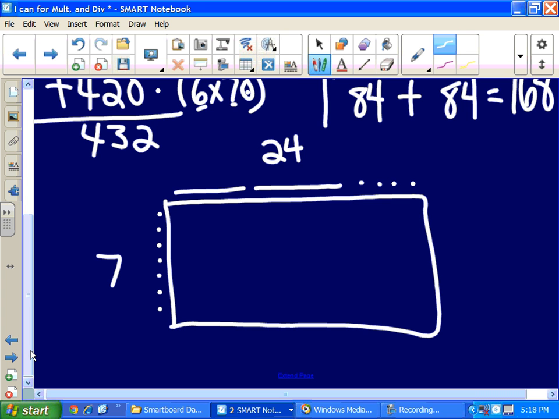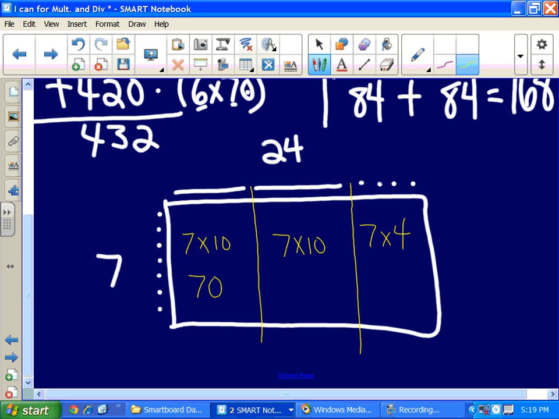So then we can break the array apart, this open array, into whatever we would like to. So we could break it here. So this array would be a 7 by 10. We could break it here also, so that would be another 7 by 10. And of course this would be a 7 by 4.